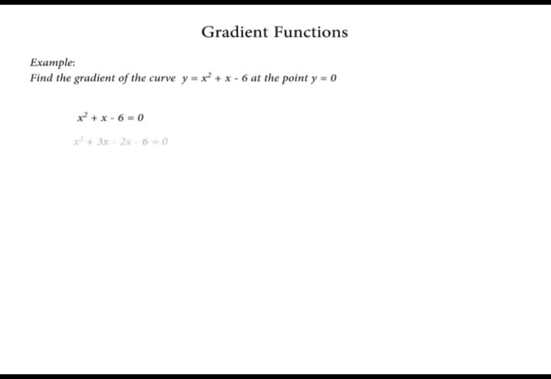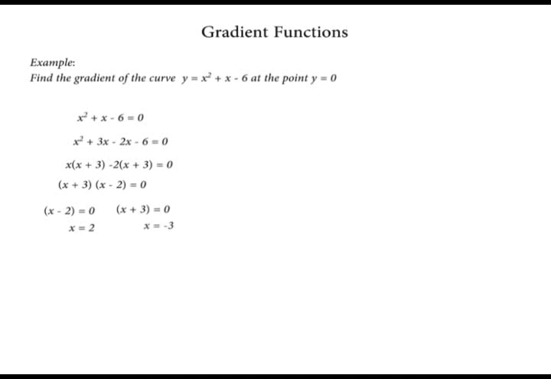That will give us x squared plus 3x minus 2x minus 6 is equal to 0. Factorize x into x plus 3 minus 2 into x plus 3 is 0. Collect the terms. x minus 2 times x plus 3 is equal to 0. So we shall find x is equal to 2 and x is equal to minus 3.